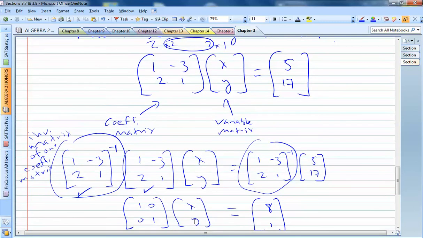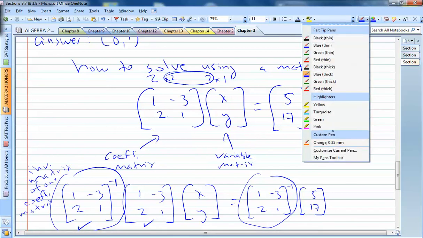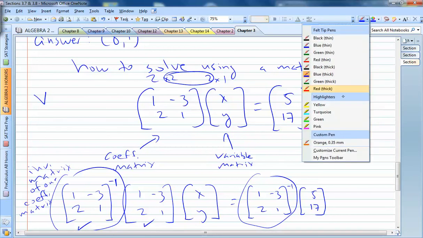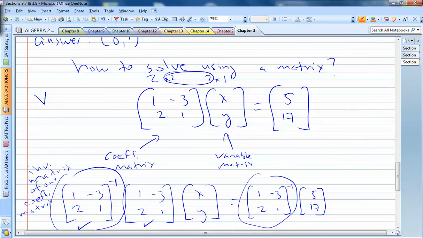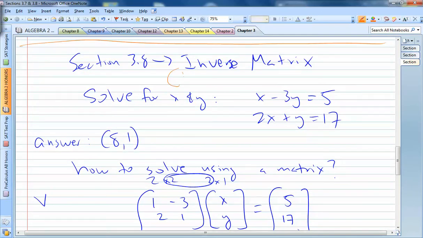So we've talked about the inverse matrix. And remember, an inverse matrix is almost like matrix division, but not really.